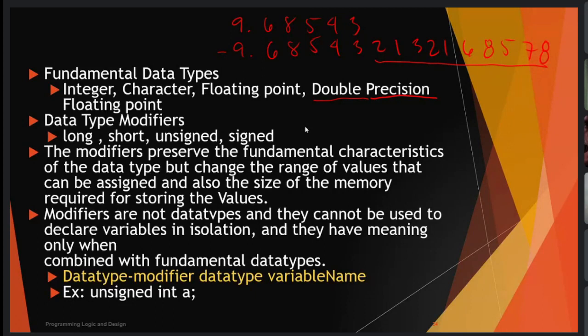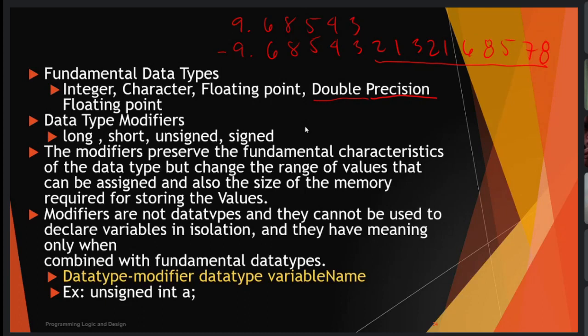Okay? So aside from those so-called fundamental data types, which we use, integer, character, floats, or what we call double, there are also the so-called data type modifiers. Okay? So the data type modifiers would include the following keywords: long, short, unsigned, and signed.